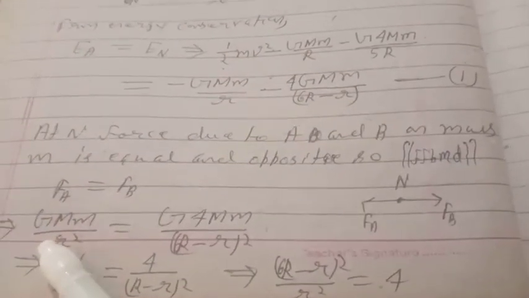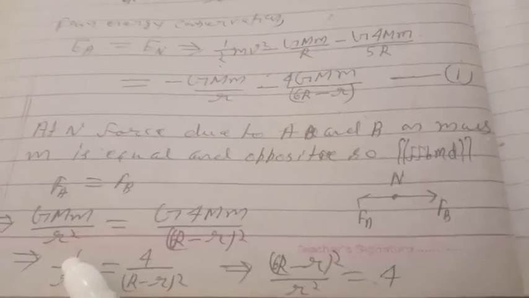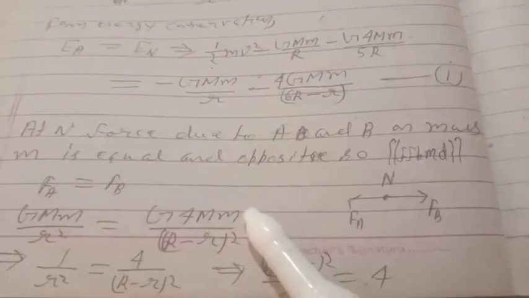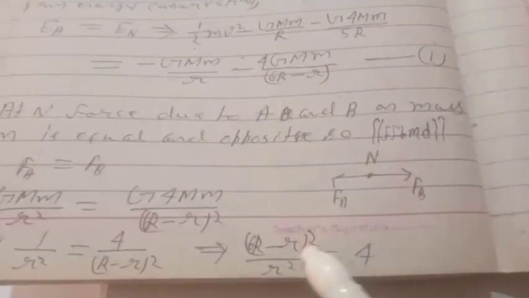at N, the forces due to A and B on mass m are equal and opposite, so Fa equals Fb. Now we can write G m m by r square equals G 4m into m by (6R minus r) whole square, which gives (6R minus r) whole square by r square equals 4, or (6R minus r) by r equals plus or minus 2.